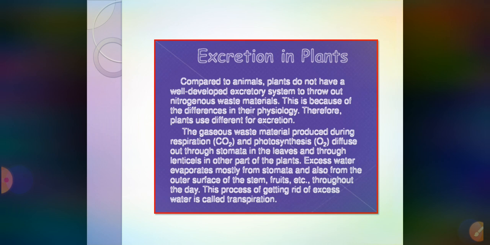These diffuse out through stomata in the leaves and through lenticels in other parts of the plants. Excess water evaporates mostly from stomata and also from the outer surface of the stem, fruits, etc. throughout the day. The process of getting rid of excess water is called transpiration. Is it clear, children? So transpiration is the loss of water from the aerial parts of the plant, especially through the stomata, in the form of water vapor.